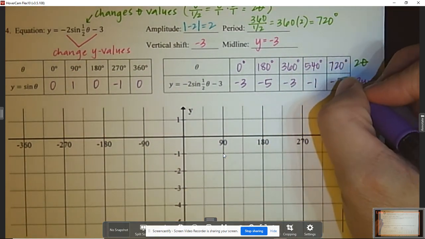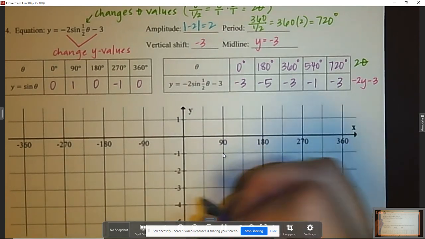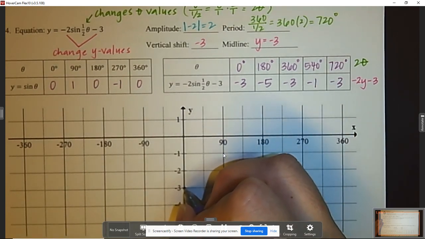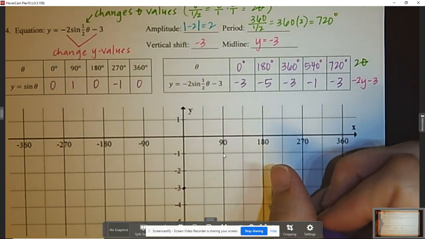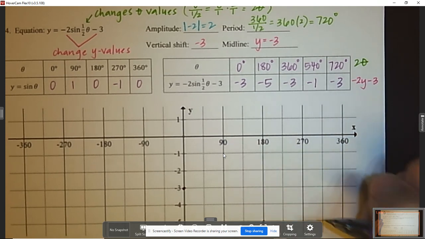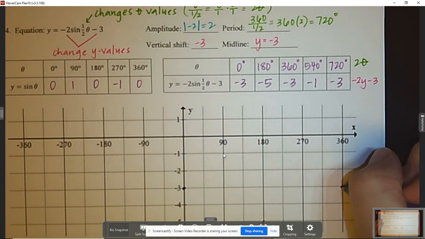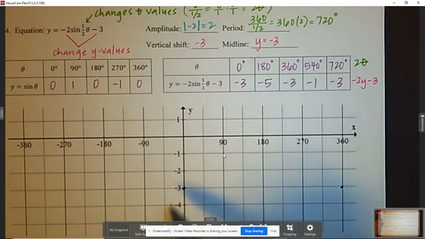And then this guy is -3 as well. So now I just have to plot those. 0, -3, 180, -5. So this one is stretched horizontally. 360, -3. And I wasn't even able to get all of this on my graph. So that's like half of a period.